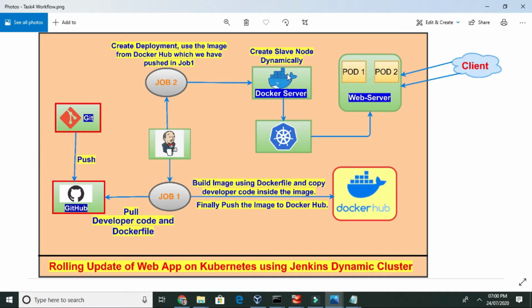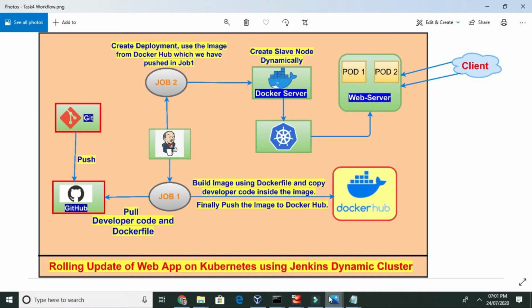Now let me show you one more part. For this job 2 we need 2 virtual machines or 2 systems. On one we need Jenkins in a running state, and on the other we need a Docker server.